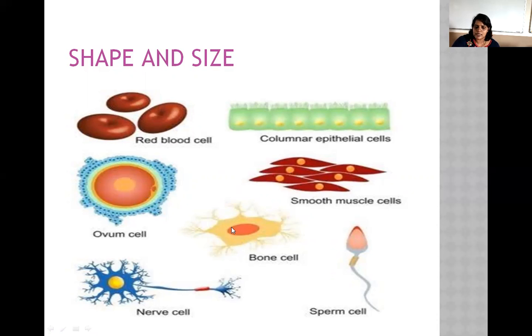The bone cell is irregular in shape, and the sperm cell has a tail for swimming because it has to move from the male reproductive system into the female reproductive system.